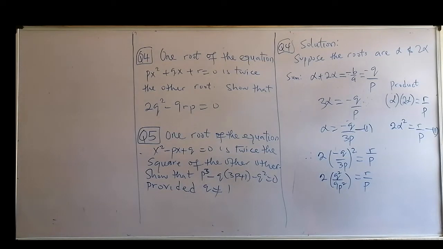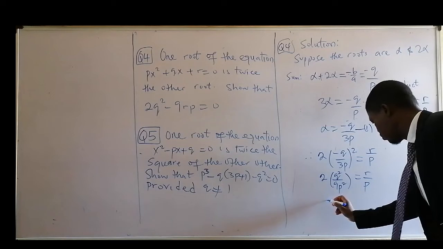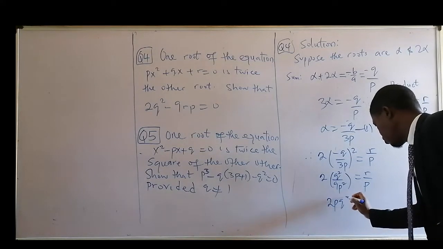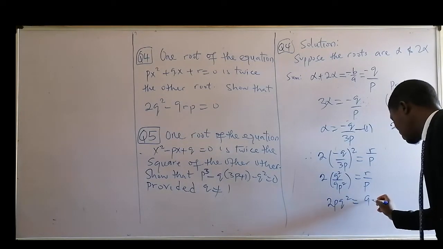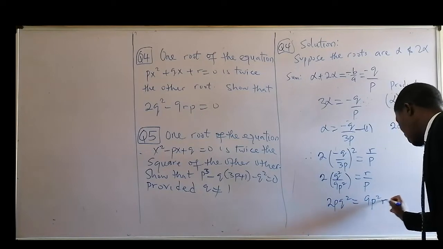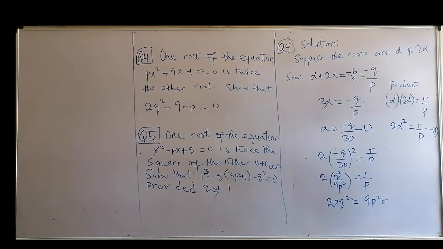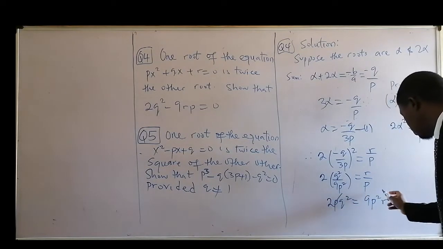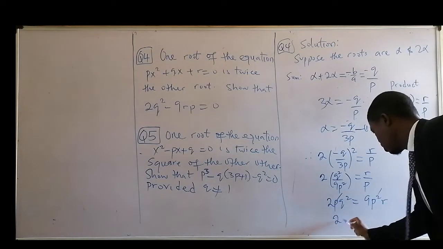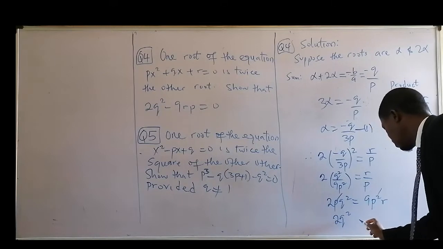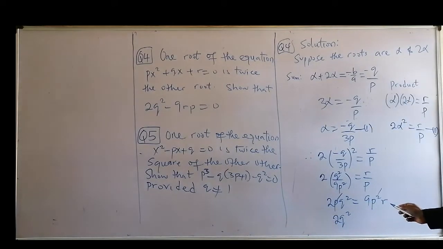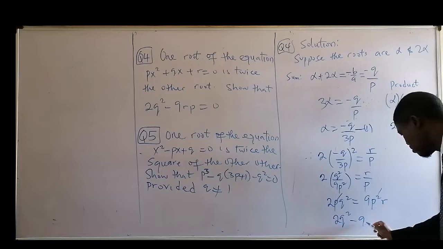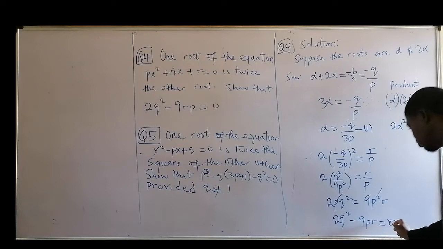If you cross multiply, then you have 2pq squared equal to 9p squared r. Therefore p is here, you can cancel out, p is also here, so that will be 2q squared minus 9pr equal to 0.